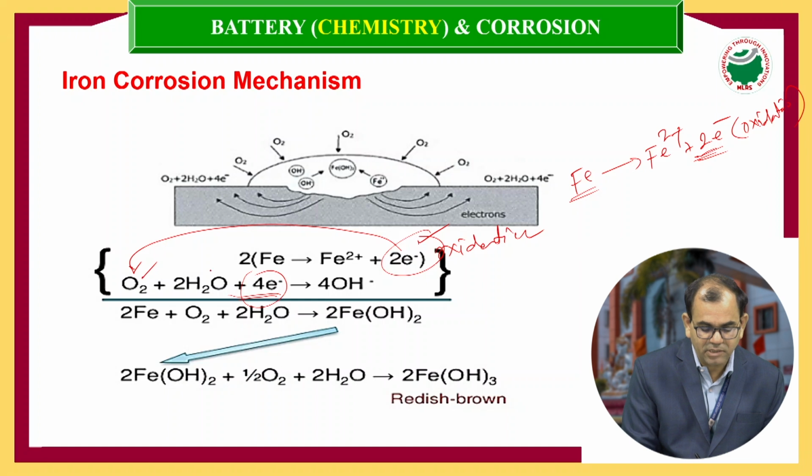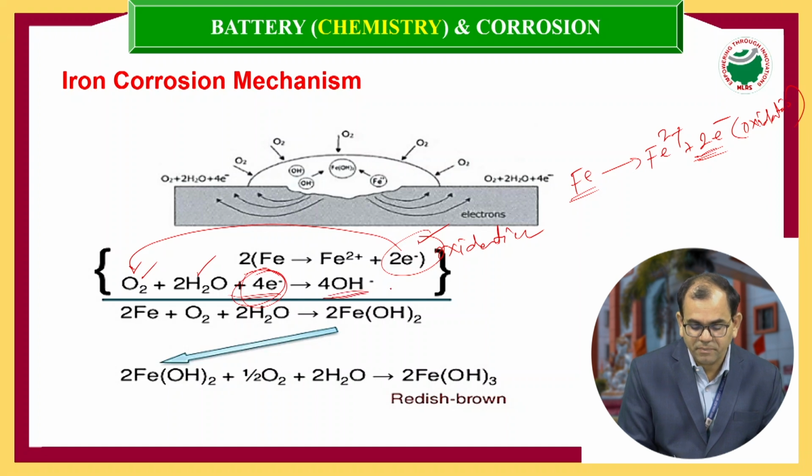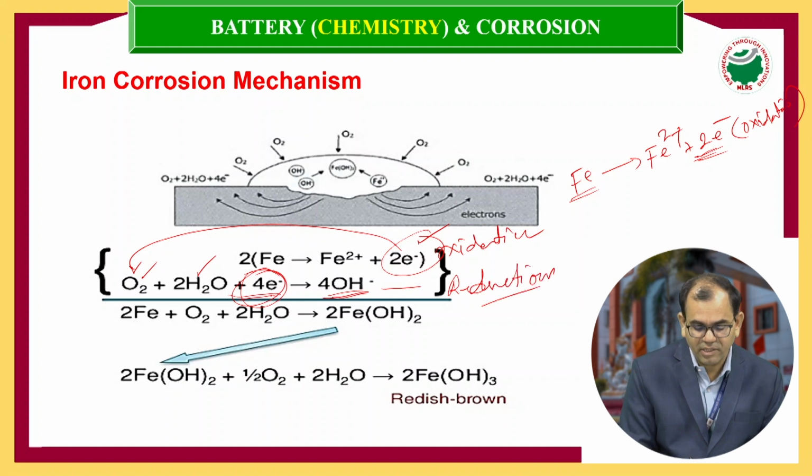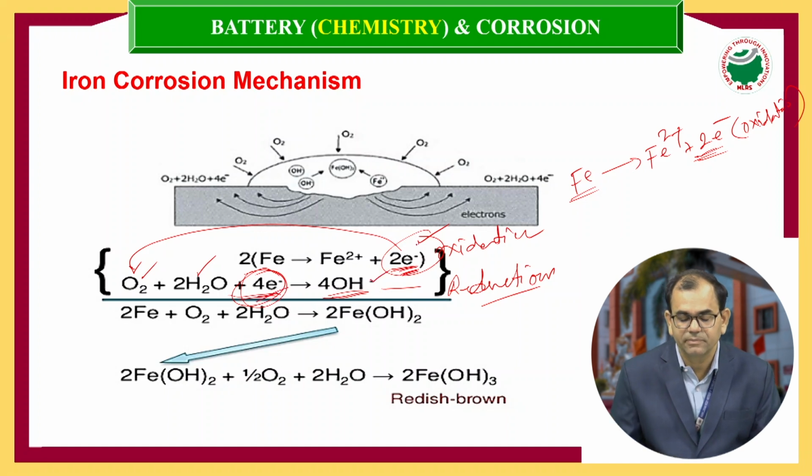Here atmospheric oxygen, atmospheric moisture and the electrons ejected in oxidation form OH minus ion, that is reduction. Reduction is nothing but gain of electrons. Whatever electrons are released in oxidation are gained here, and OH minus hydroxyl ion is formed.